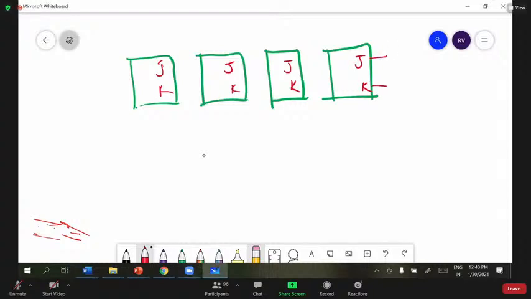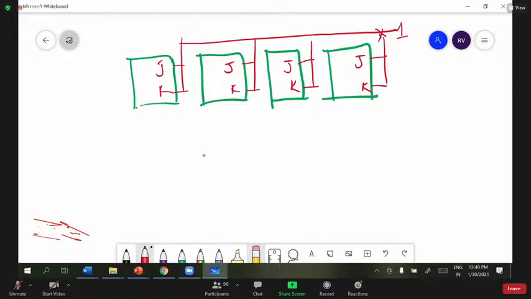All JK inputs should be connected high, and the clock signal should be given to the first flip-flop.